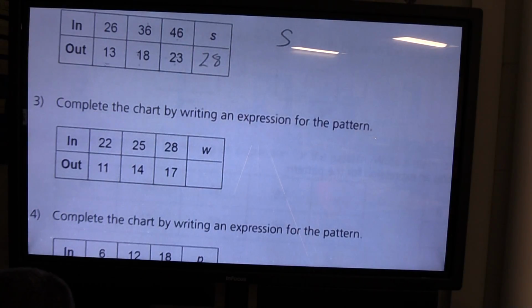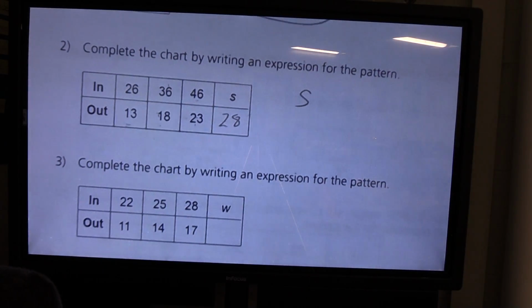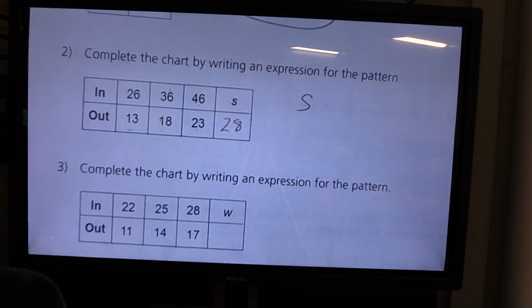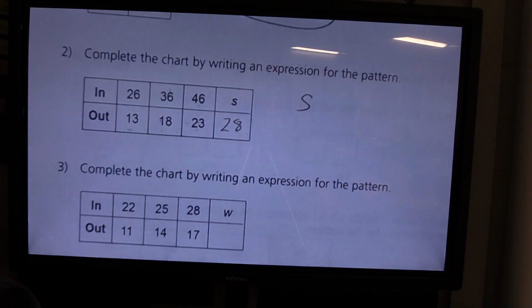What are we going to do to S in order to figure out what goes here? What do we do to S? What do we do to it? All right, I'm going to sling this one back at little Jimmy Dale. You're supposed to make it a multiple of 28. Okay, I'm going to stop you right there because you're on the wrong track.